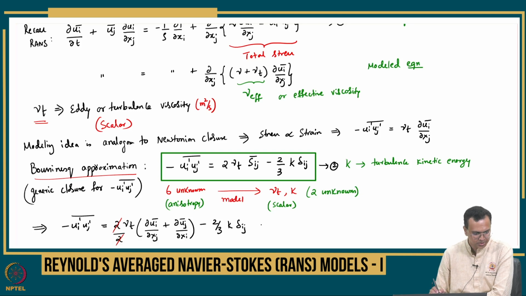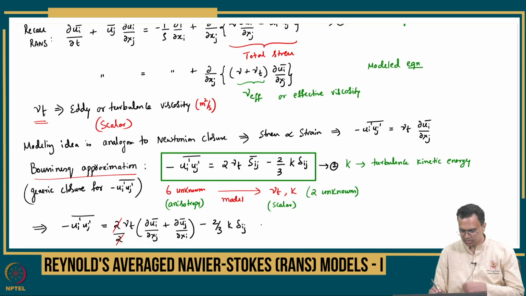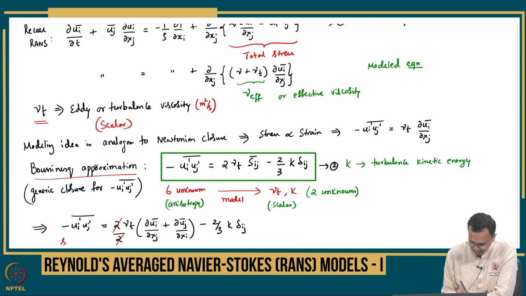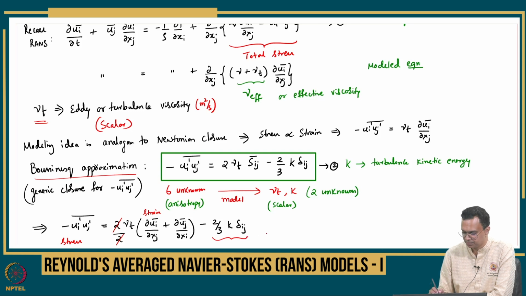Now the question is, stress is being related to the strain rate. As I said, this is your stress and this is the strain. But then what is this term? Why is it coming into the picture? The question we are asking is, why has this minus 2/3 k delta ij come? Why 2/3 k, and why k?